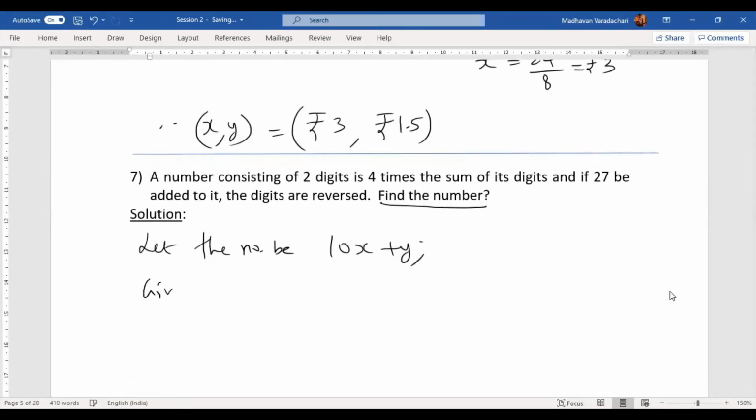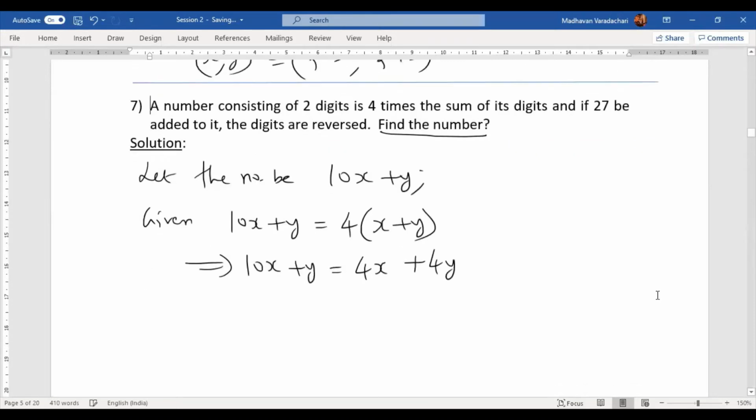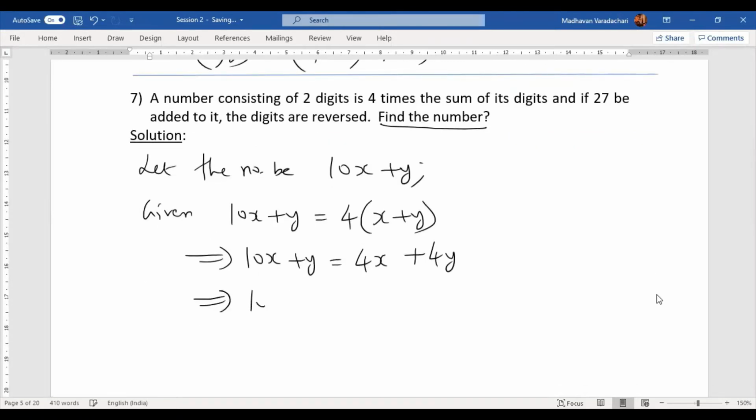So given this number is 4 times the sum of its digits, which means 10x plus y is equal to 4x plus 4y, or 10x minus 4x plus y minus 4y equal to 0, or I can write 6x minus 3y equal to 0.